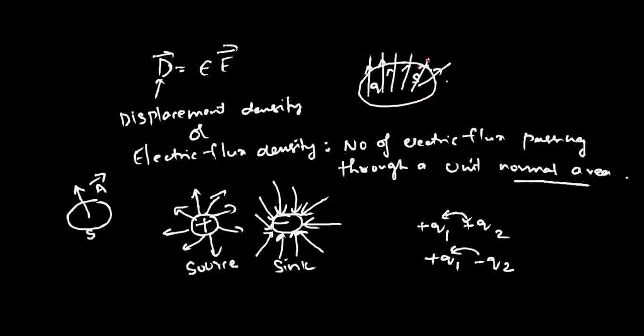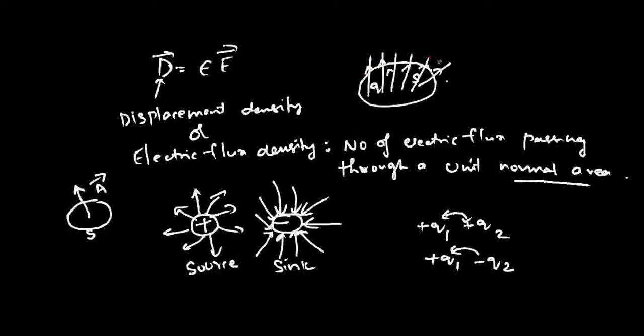These lines of flux that emerge from the surface try to terminate on a negative charge. These lines of flux emerging from the surface surrounded by electric charge Q are nothing but the electric field in the vicinity of this charge.